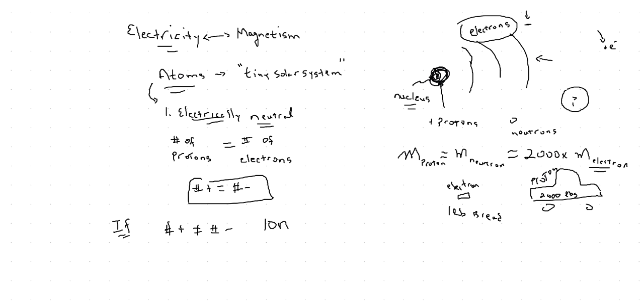Okay, so we could have positive ions, and I think you know this, plus ions are called cations, and negative ions are called anions.